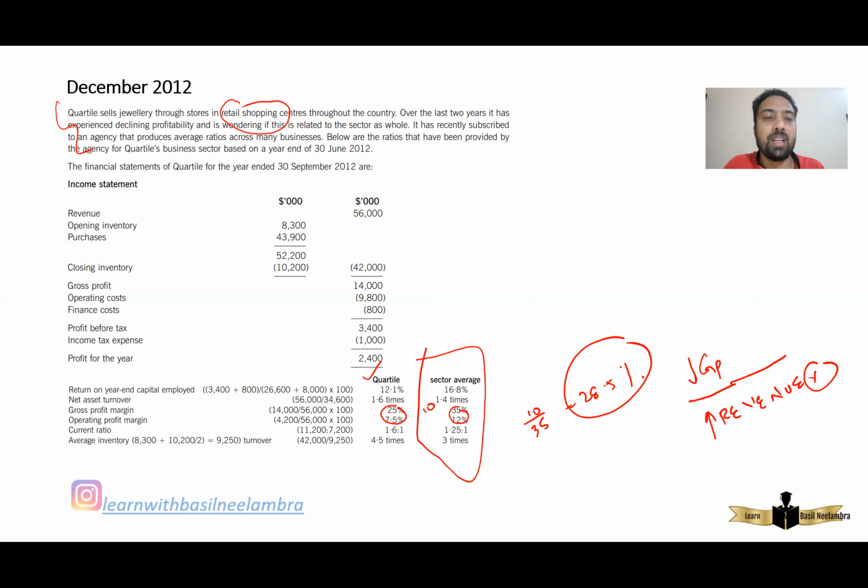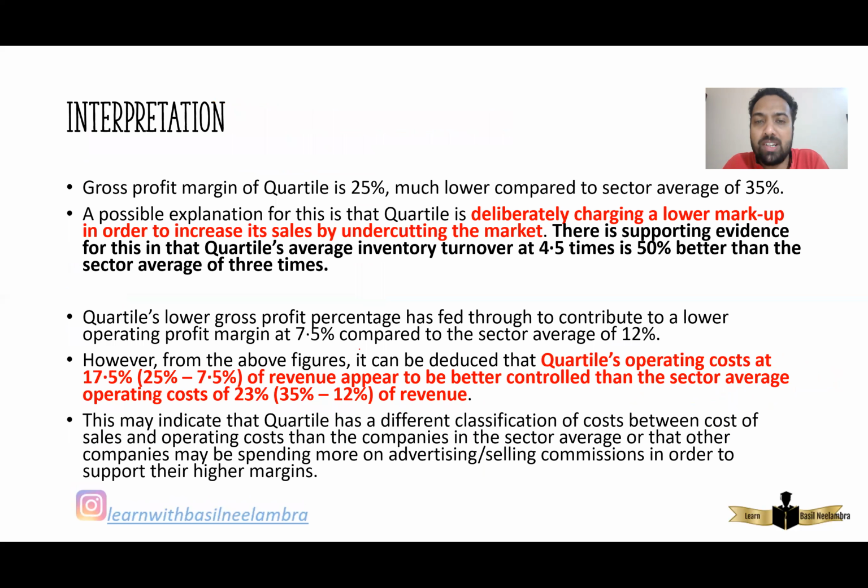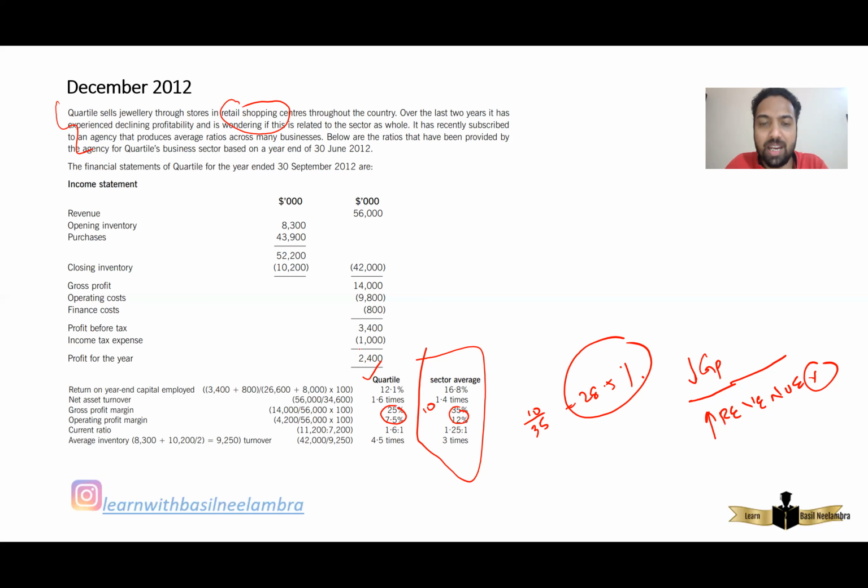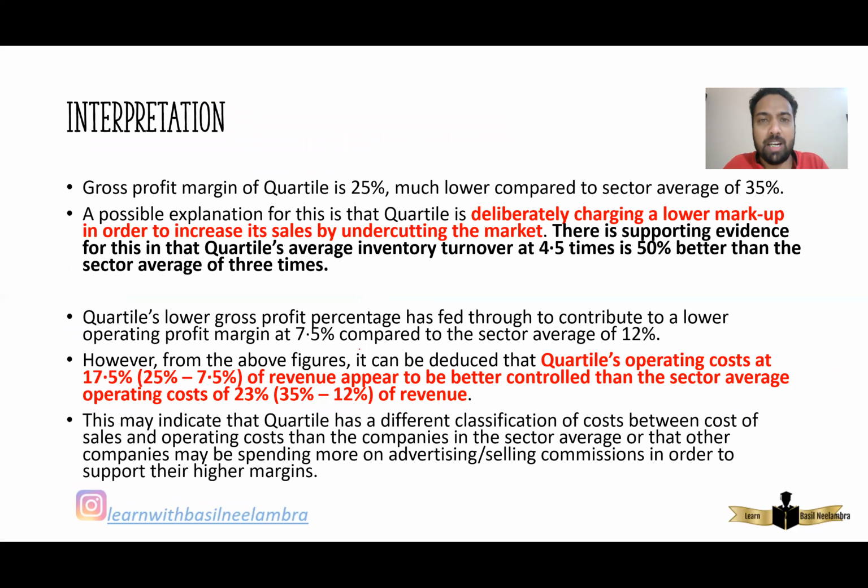Let's learn that. Gross profit margin of Cotail is 25%, much lower compared to the sector average of 35%. A possible explanation, when it is a sector average, remember that. I have already explained this particular item, how to interpret gross profit margin, in my first video when I taught you how to interpret when you are comparing with another company.